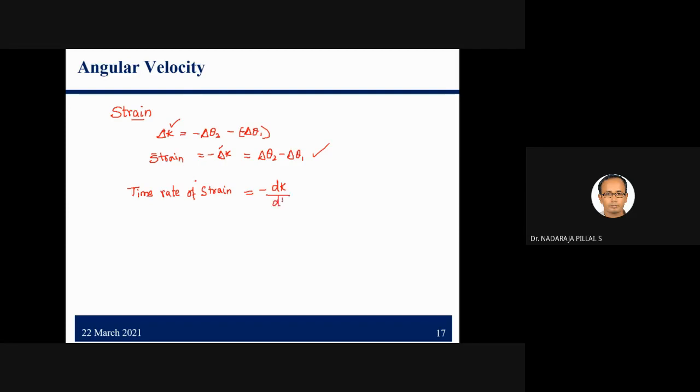We already know what that is: d theta 2 by dt minus d theta 1 by dt.